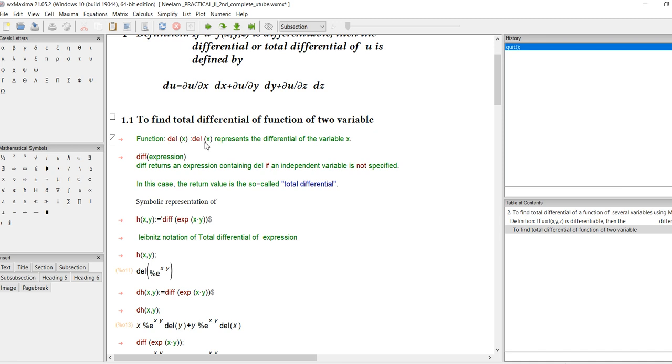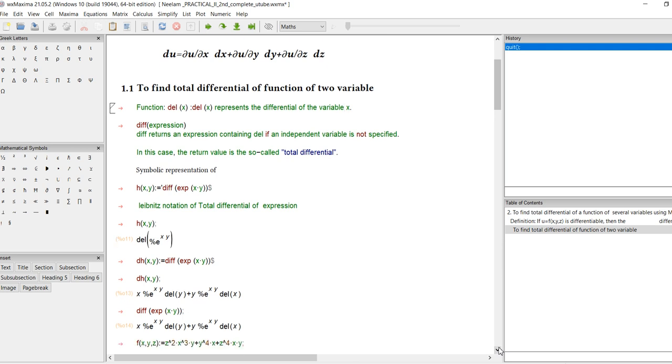If there is del of z, this will represent the differential of variable z. How to use this? There is an inbuilt function DIFF, and whose total differential you want, that expression you will write here. It will return an expression which contains del if an independent variable is not specified. There are some specifications but we are not using them here.